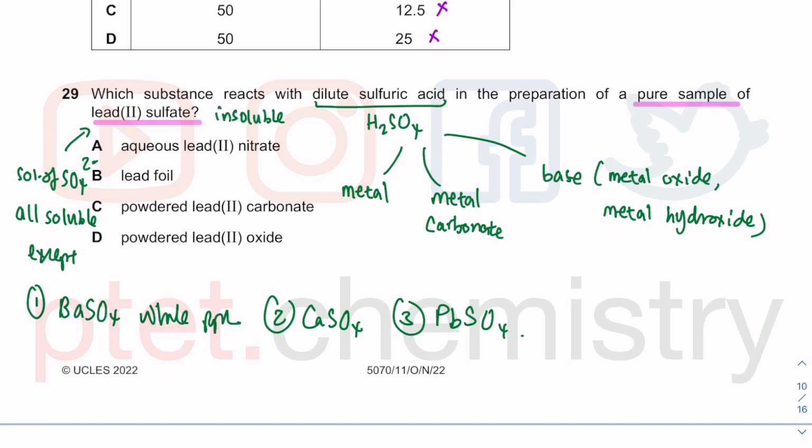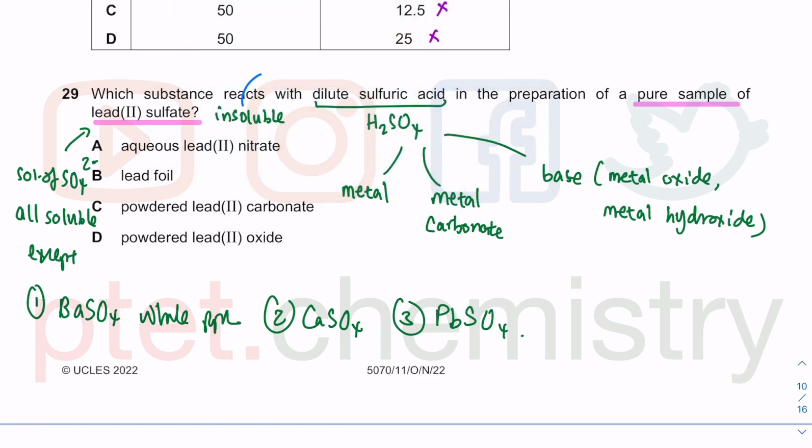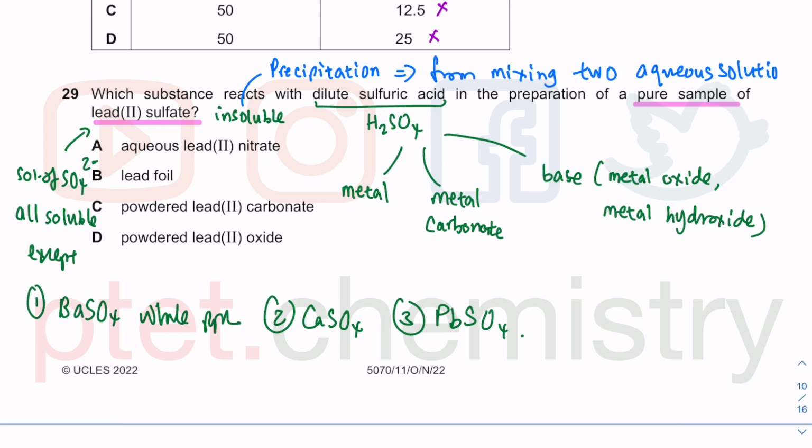So if we are preparing something insoluble, this is the idea of precipitation. Precipitation reactions come from mixing 2 aqueous solutions together. So we're going to have aqueous and aqueous coming together to precipitate out your insoluble precipitate, which can be filtered, washed, and then dried.